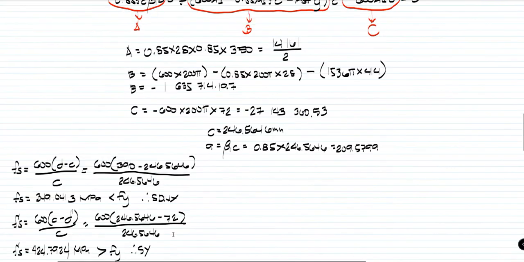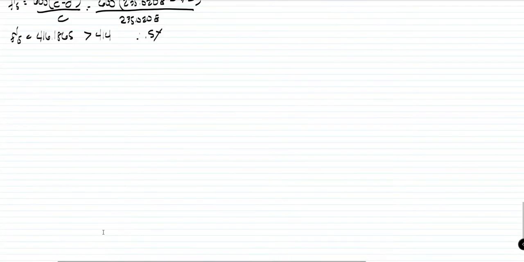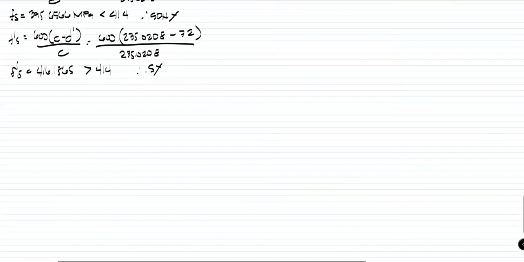Next we find the net tensile strain. To get the net tensile strain, of course we need epsilon sub t, and that epsilon sub t comes from our strain diagram.